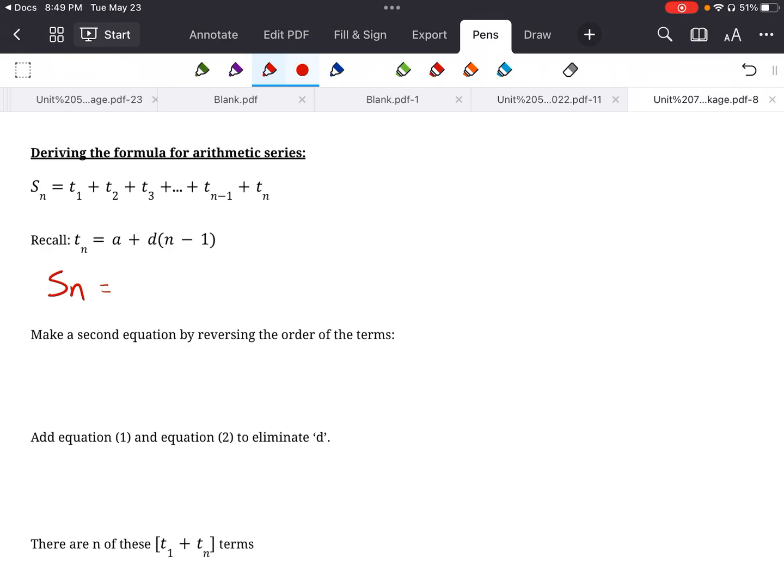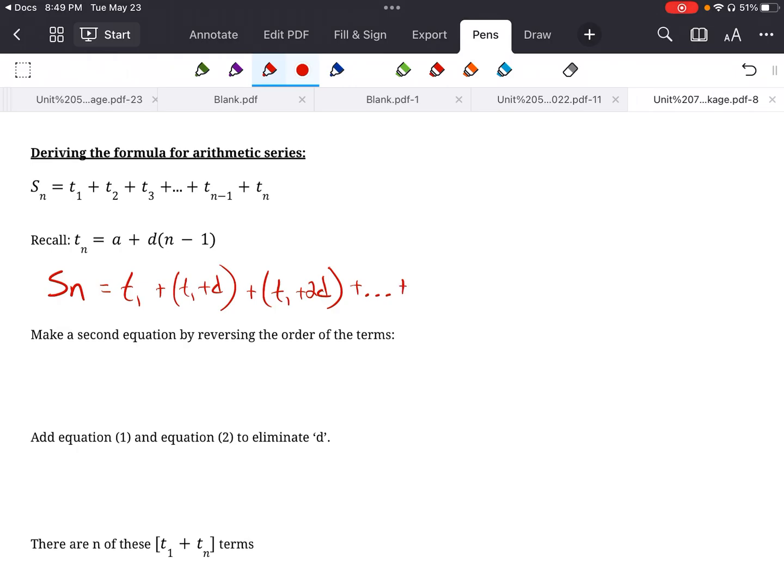So we can say that, well, T1 is always going to be the first term, but T2 is just T1 plus D. And the third term would be T1 plus 2 of the differences. Okay, and you would do that all the way.